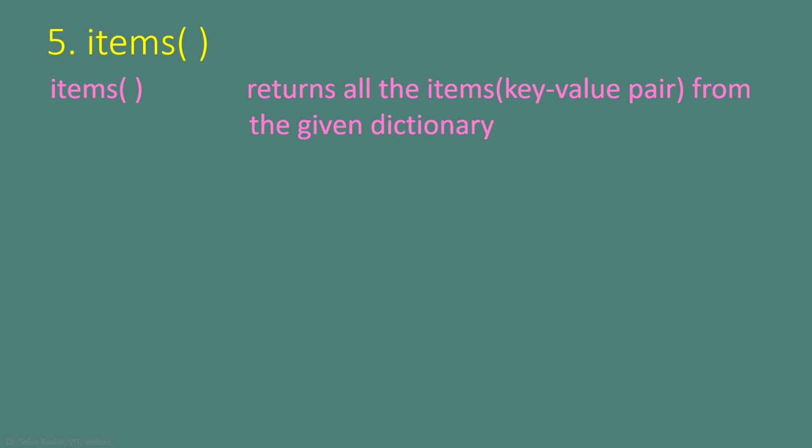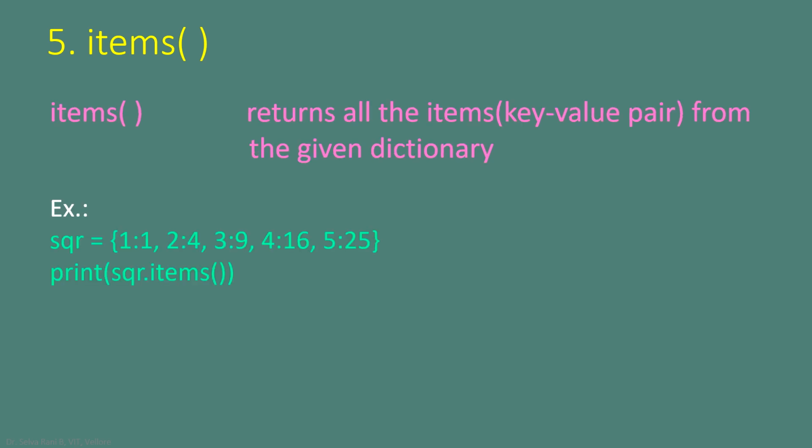Next method is items. This method returns all the items. An item is a pair of key and value in a dictionary, and hence the items method will return all the items from the given dictionary. For example, let SQR be the dictionary with 5 elements 1, 2, 3, 4, 5 as keys, 1, 4, 9, 16 and 25 as values.